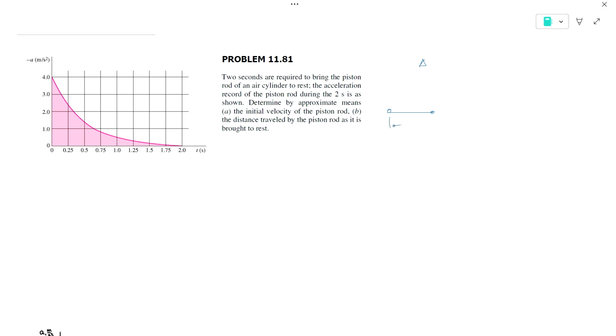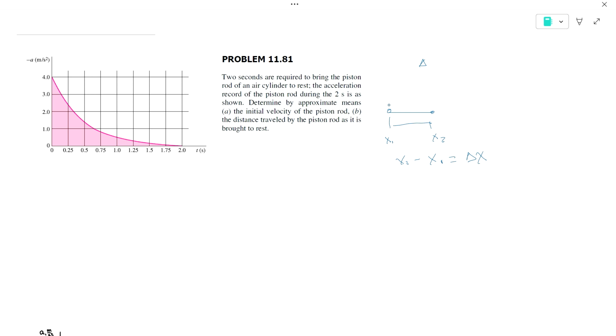And it moves a distance from x1 to x2. So evidently, x2 minus x1 is a number, but right now we're going to call it delta x.